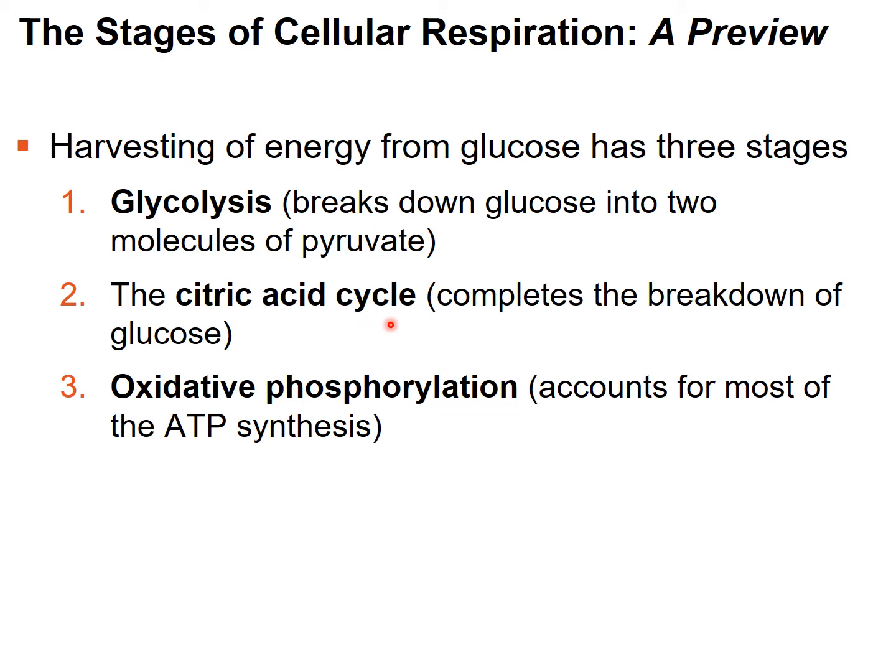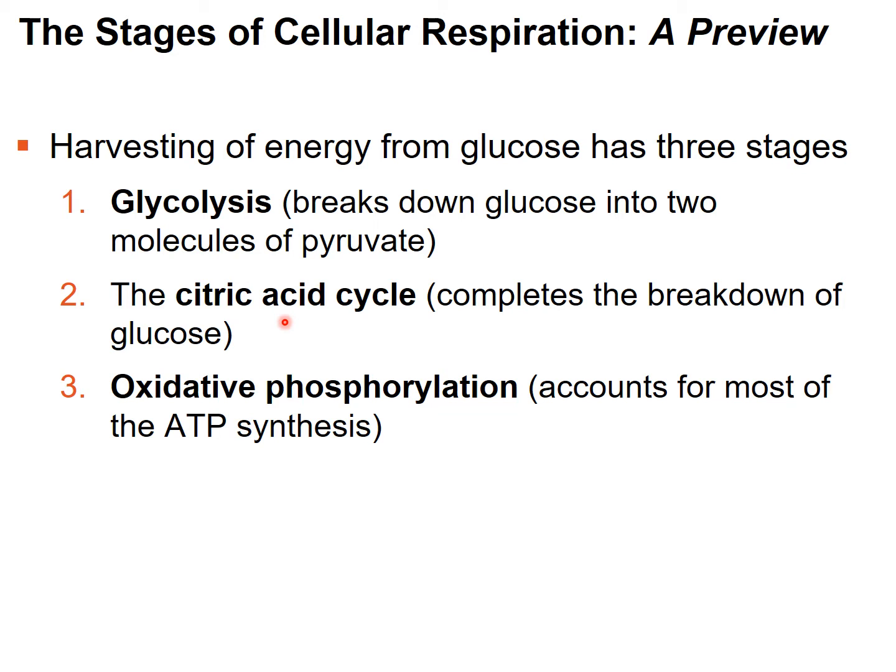So glycolysis is really just the splitting of glucose into two molecules. Remember, glucose is a 6-carbon molecule. It's split into two 3-carbon molecules, and that molecule is called pyruvate. Then pyruvate becomes oxidized, and that's the step in between. It's called pyruvate oxidation. Once pyruvate is oxidized, it becomes a molecule that is allowed to enter the citric acid cycle.